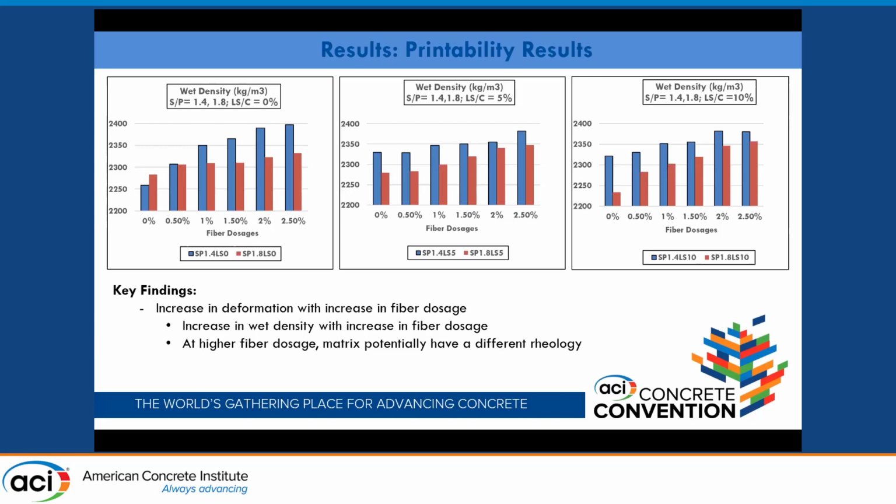We are also further investigating this, but we've seen that at higher fiber dosages, the rheology of this composite material might be different from that at lower fiber dosage. This is because, to achieve the flowability of between 170 to 180, which we use for printing, we had to add more superplasticizer. So therefore, the rheology might be significantly different at high dosages.